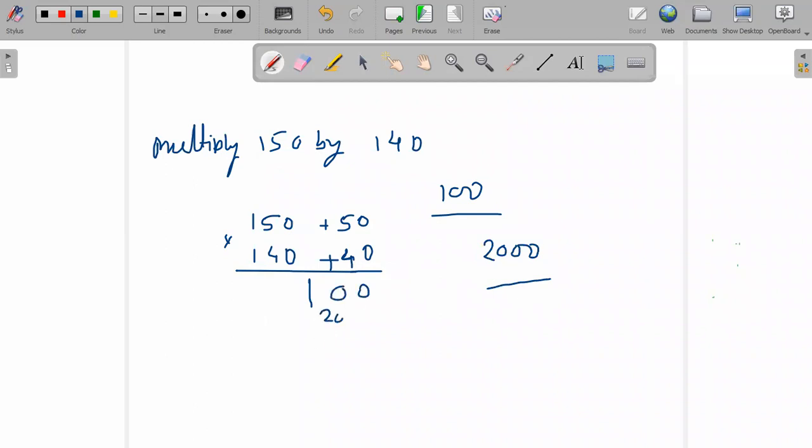So 20 will be the carry here, and here 190 is there. You have to add 2 to the 9, and 0 plus 0. So 2 plus 9 is 11, and 1 will be the carry. So this will be the answer.